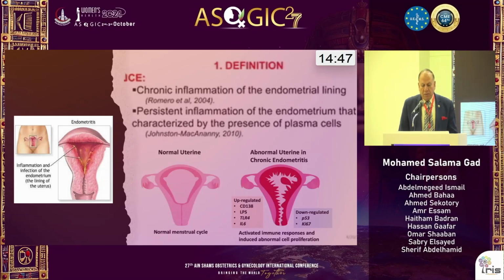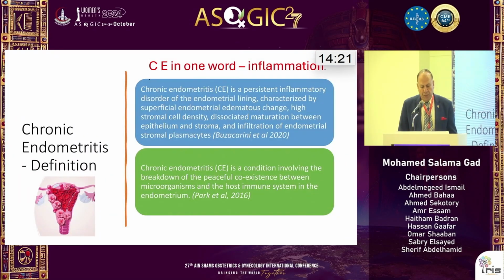As the professor said in the first lecture, endometritis is a persistent inflammation of the endometrium that is characterized by the presence of plasma cells. At the same time, there is an activated immune response and induced abnormal cell proliferation.